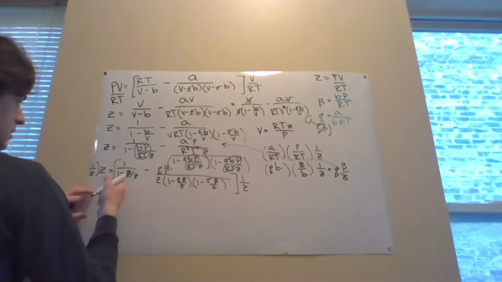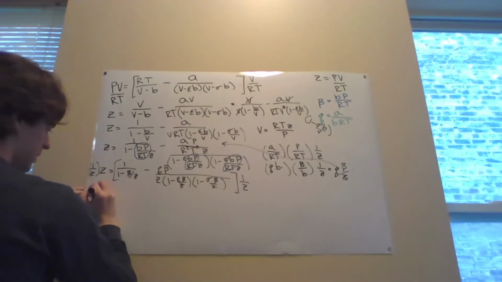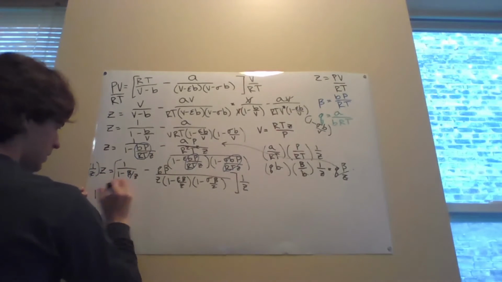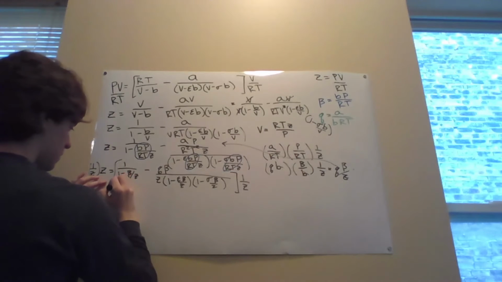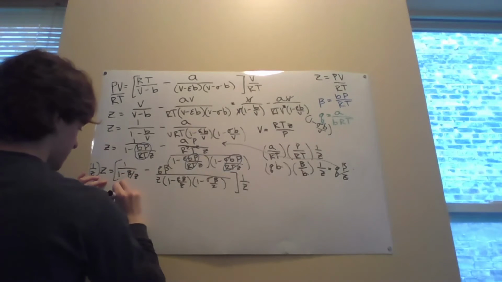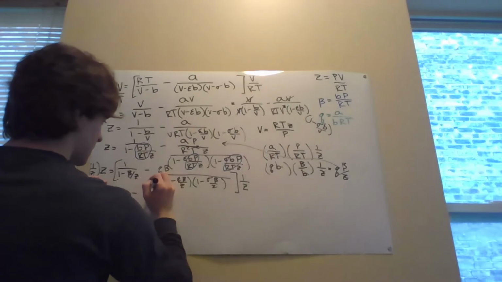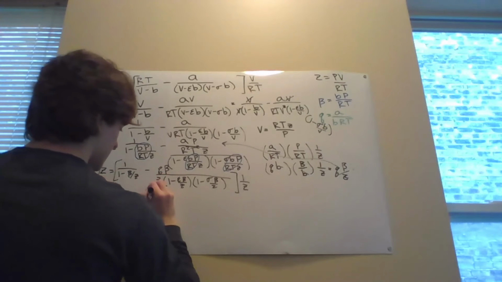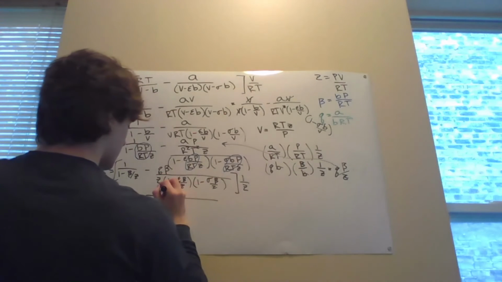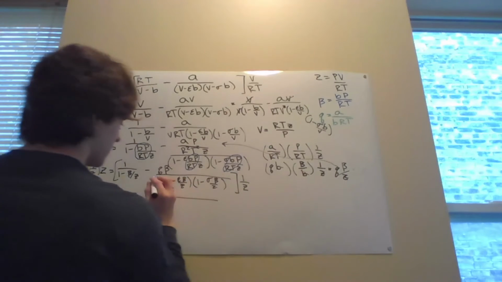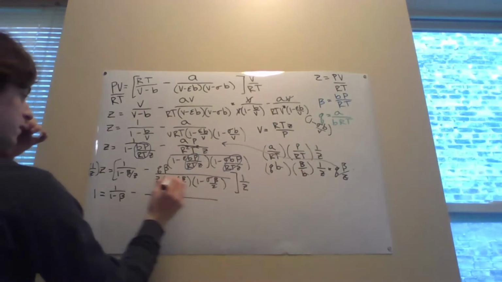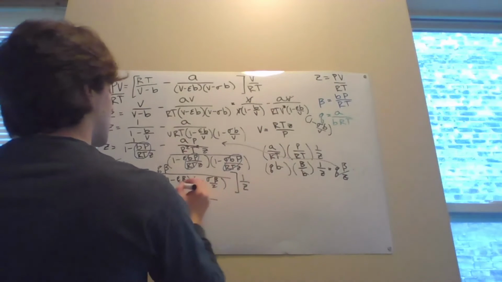And that'll kind of clean this up. So our equation will then be, this left side will become 1 equals 1 over 1 minus beta minus Q beta. This Z will cancel out one of these.